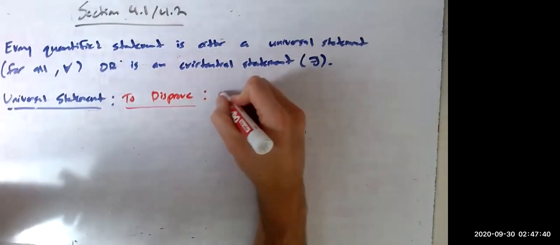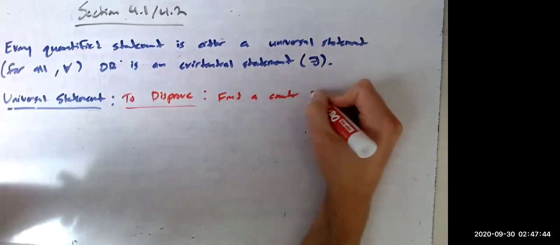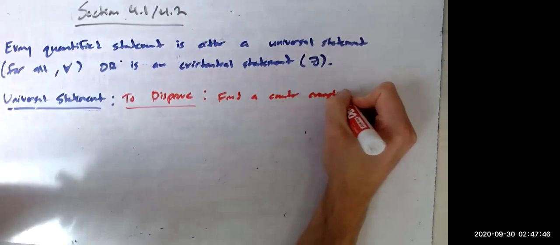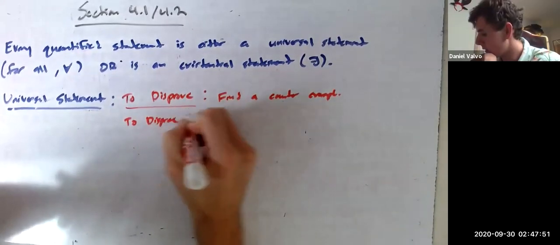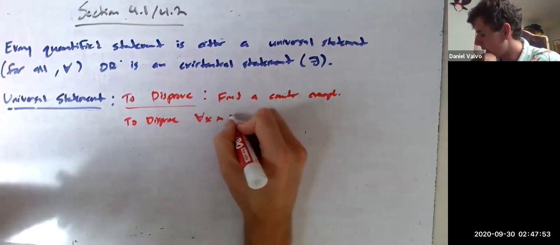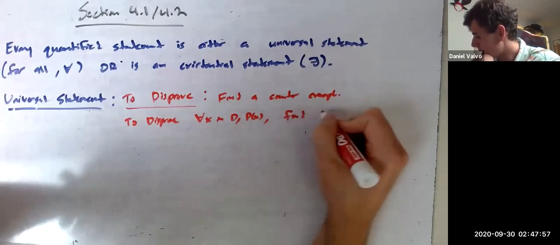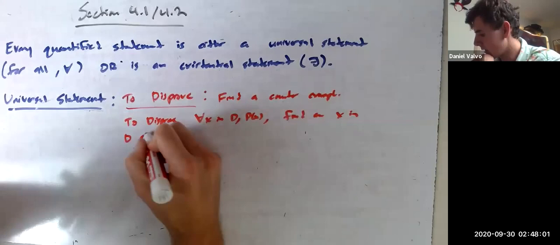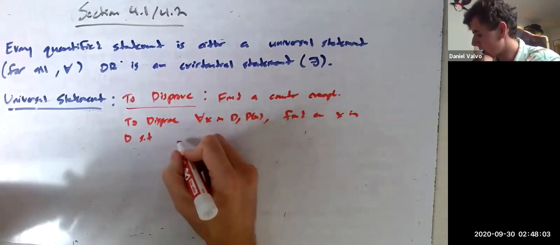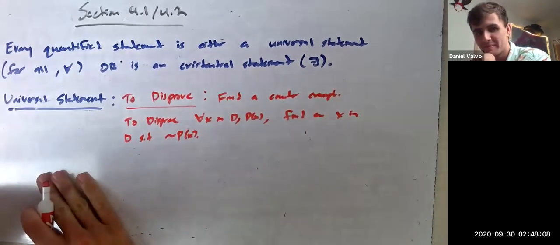Find a counterexample. So to disprove for all x in D, p of x, find an x in D such that not p of x. That's all.